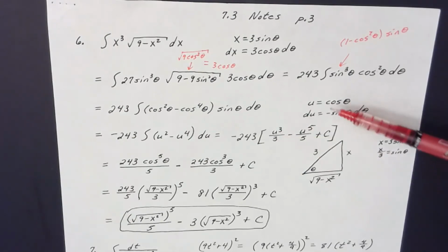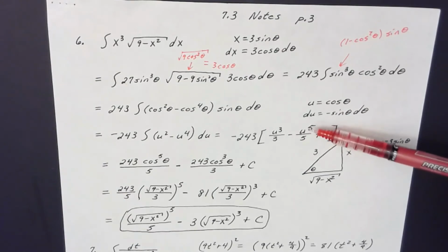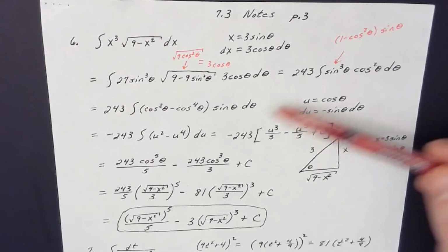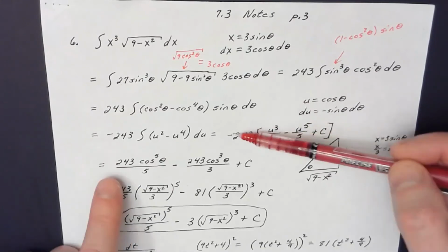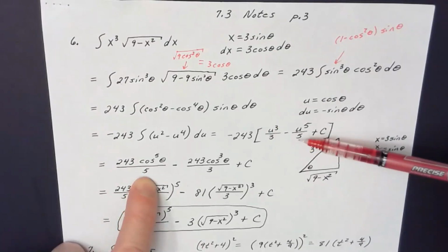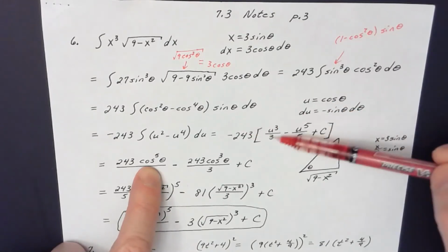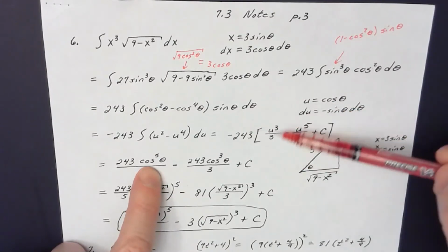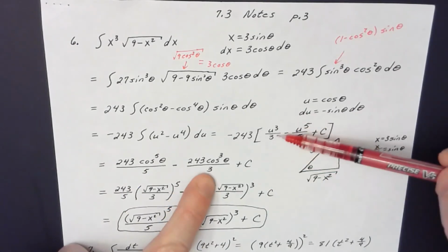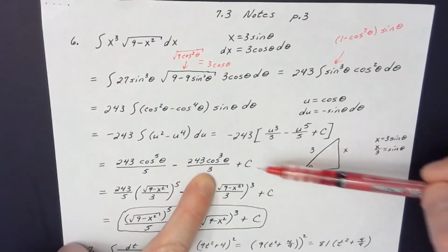It looks like I chose to rewrite it in descending order, so my first term is going to be a positive, and that's why, because I wanted to put the plus sign first, positive 243 over 5, and then u to the 5th becomes cosine to the 5th, and then the second term is going to be minus 243 over 3. That's going to simplify in the next step to 81. I have a u cubed there, which becomes cosine cubed plus c.